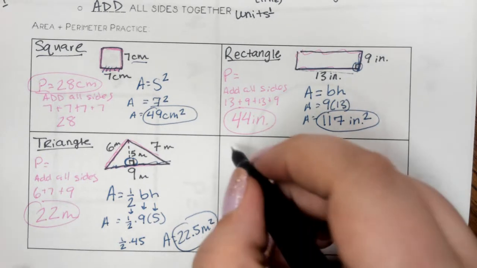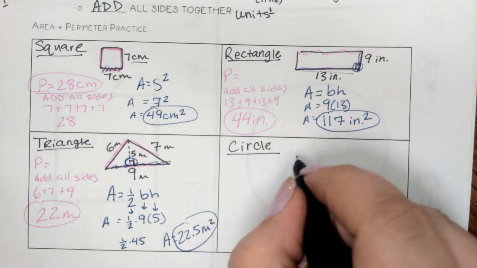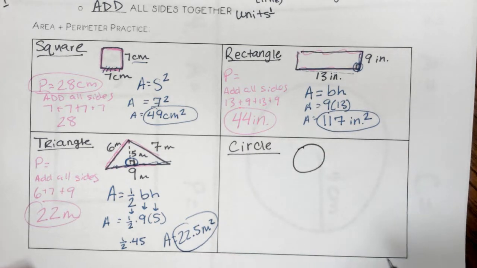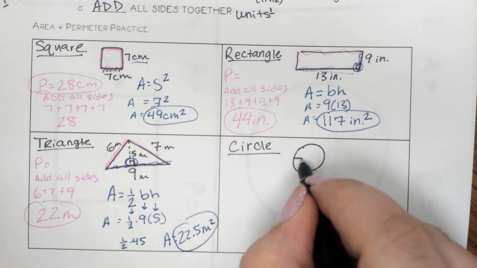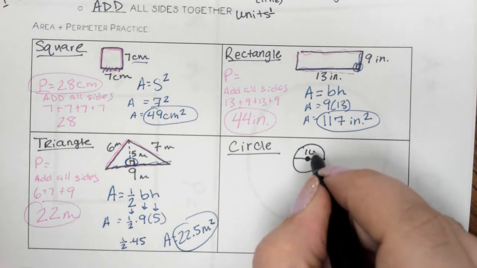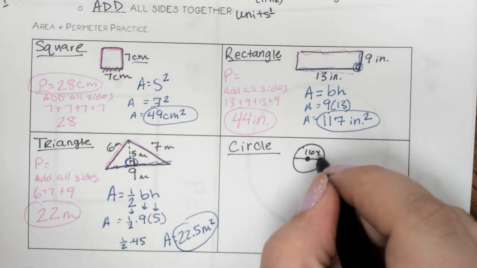Now we'll look at a circle. I'm going to draw my circle right here. And I'm going to call this length going through the center of my circle 16. And we'll call that 16 yards.